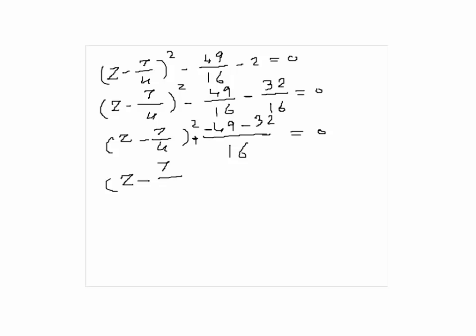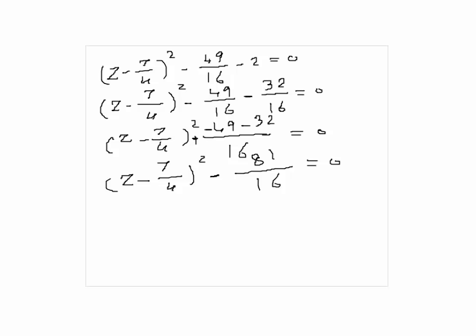So I have z minus 7 over 4 squared. Adding negative 49 and negative 32 gives negative 81 over 16, equals 0.